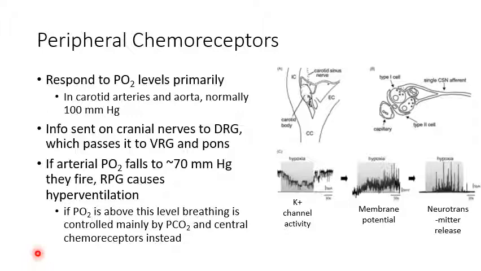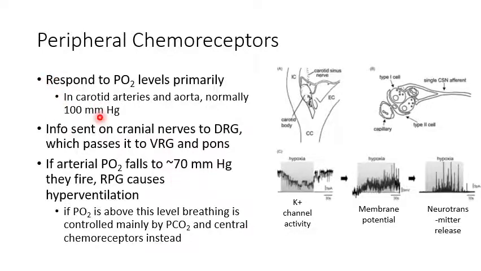They're actually also sending their signal to the pons groups as well. And ultimately, all of these signals are converging on the RPG to cause you to increase your breathing so you can increase your oxygenation. So anytime that your oxygenation is normal, like above 70 millimeters of mercury, which is not normal, it's low.